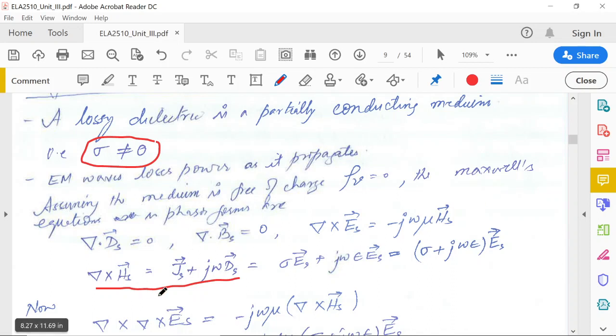Now the curl of Hs also includes the displacement current and the conduction current. Previously this conduction current was 0, but now it is there due to the conductivity. We will use the Js notation to include the conduction current density.